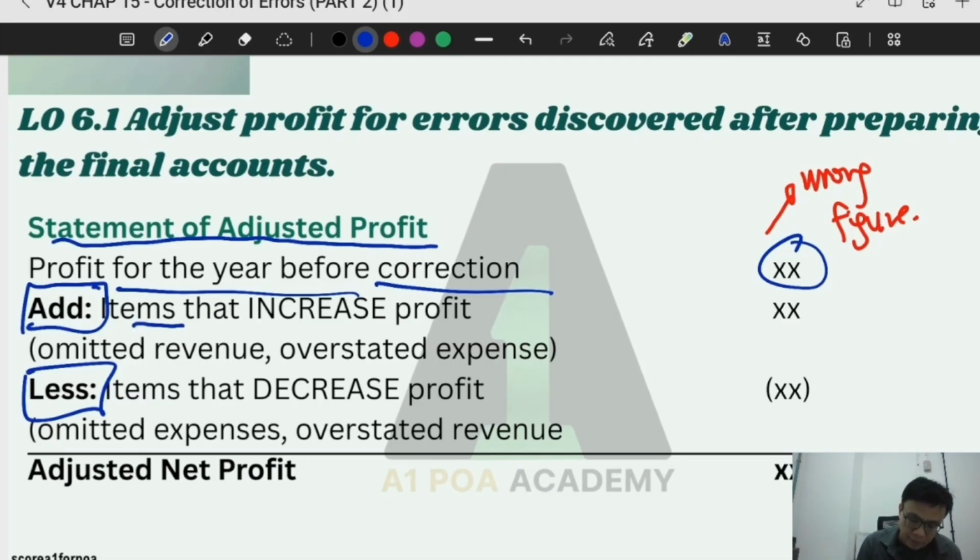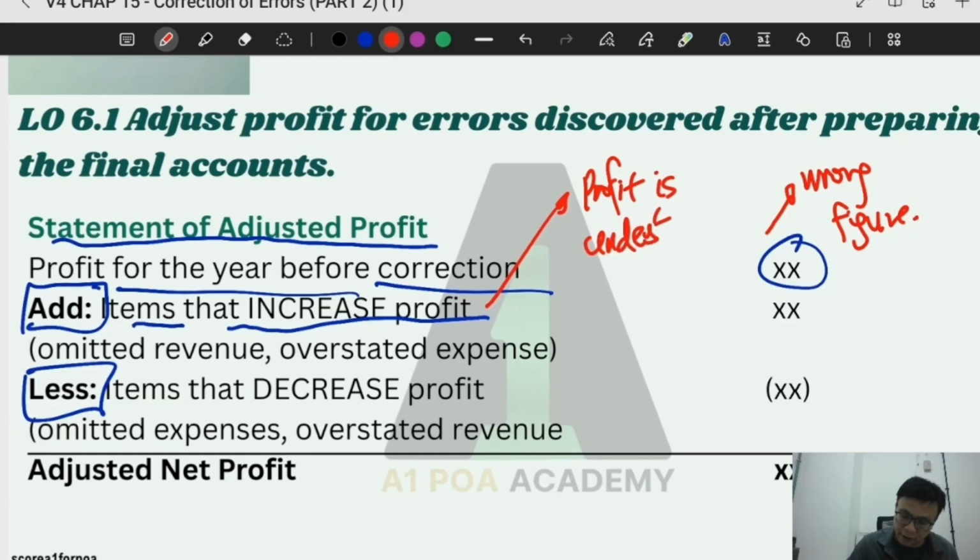You add items that increase profit, right? You add items that increase profit, meaning that earlier on profit is understated and therefore you increase the profit. For example, omitted revenue, right?